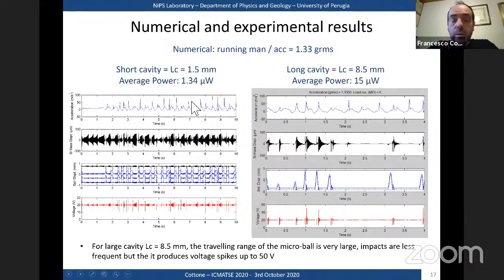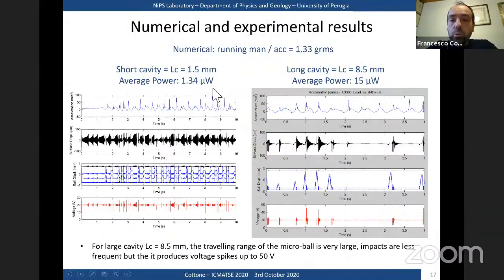by varying the length of the cavity. Of course, if we vary the length of the cavity, we are varying the time between one hit and the other hit of the ball that bounces up and down between the two boundaries.